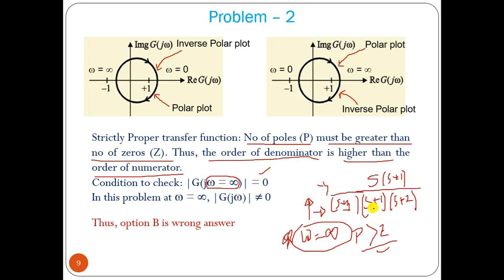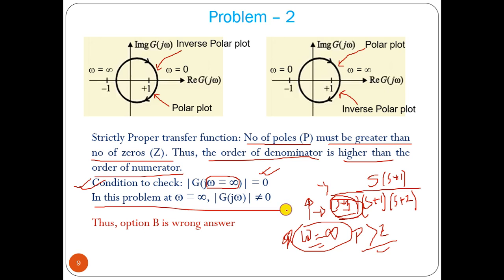If the number of poles is higher, then when we find its magnitude and put infinity here, one extra infinity term will always be there. So something divided by infinity, when omega tends to infinity, will be 0. So the magnitude should always be 0 at omega to infinity for a proper transfer function. This is the condition to check.